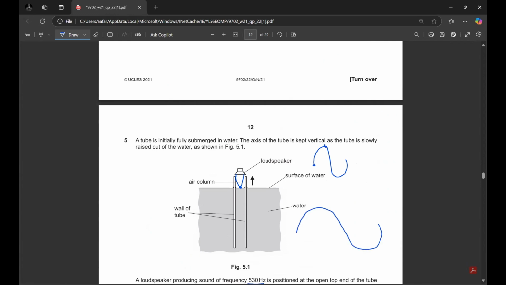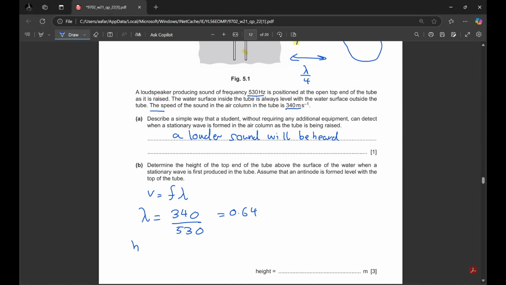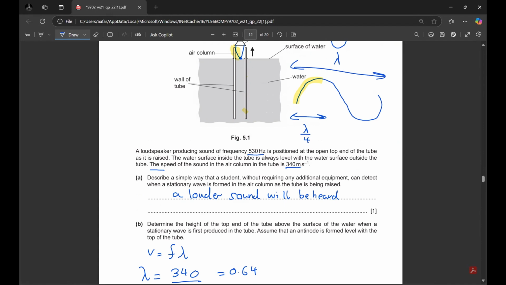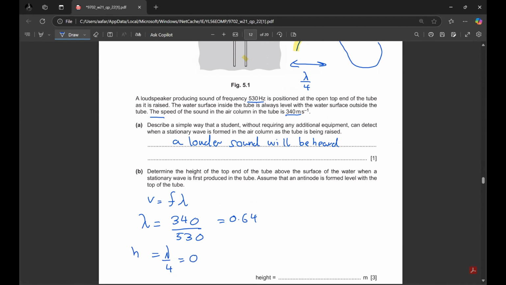So if this is one lambda, then this part right here is lambda over 4. So h, the height, is equal to lambda over 4, since this is what we're trying to find. So 0.64 over 4 gives us 0.16 meters.